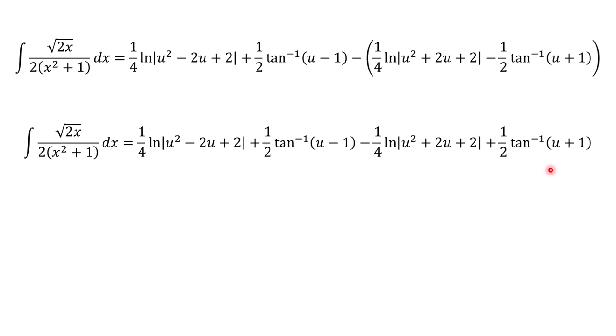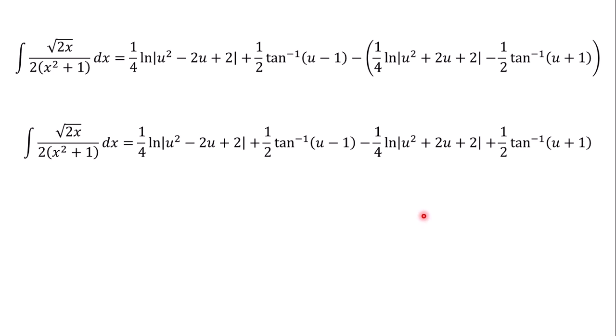Can it be added? The answer is no. Why? Because here is positive and here is negative. This one and this one are not the same.